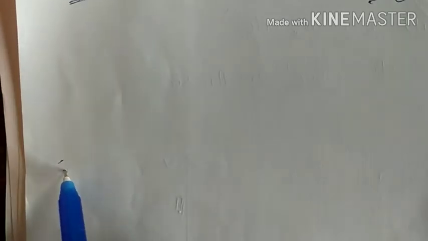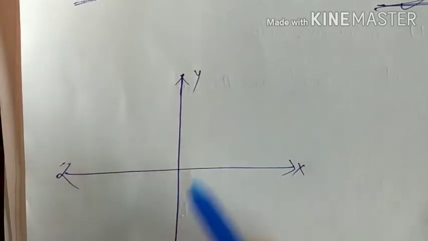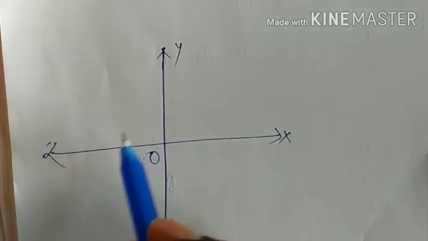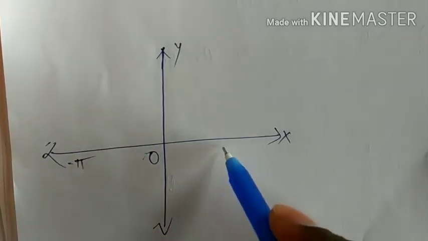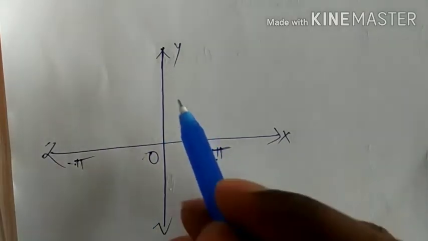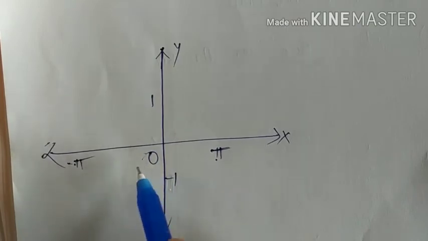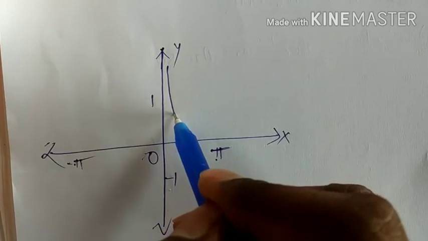Okay, so first see, this is the x-axis, this is the y-axis. Here the intervals are on the x-axis and the values for these intervals on the y-axis are 1 and -1 here. Based on these values the graph comes like this, right?